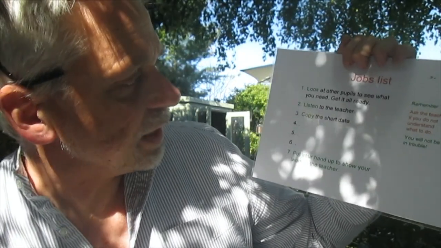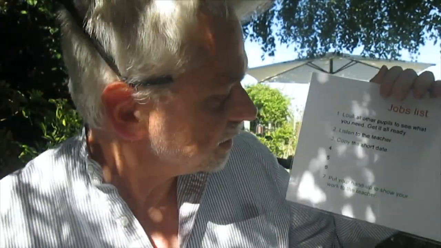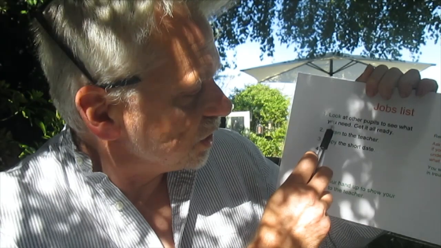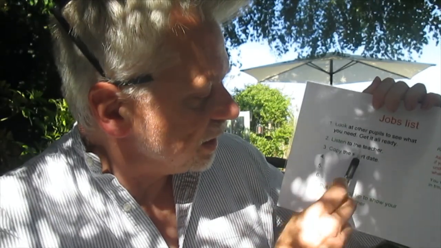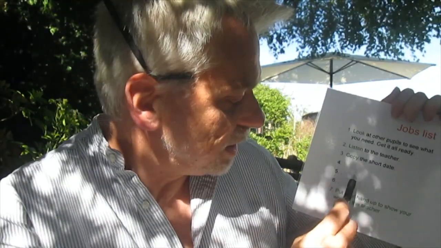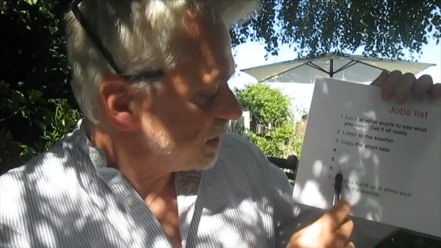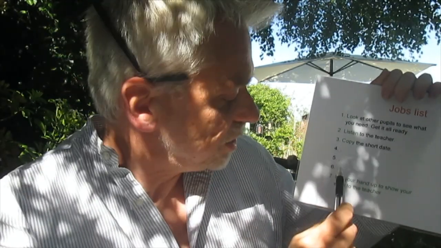The next thing I'm going to show you is kind of a work system. It's a jobs list. So this is a jobs list that is the same for almost every lesson, because in every lesson you want the student to look at other pupils to see what you need to get ready, listen to the teacher, and copy the short date. 4, 5, and 6 are things that might change, so you can write those in and then wipe them off every day and change it.